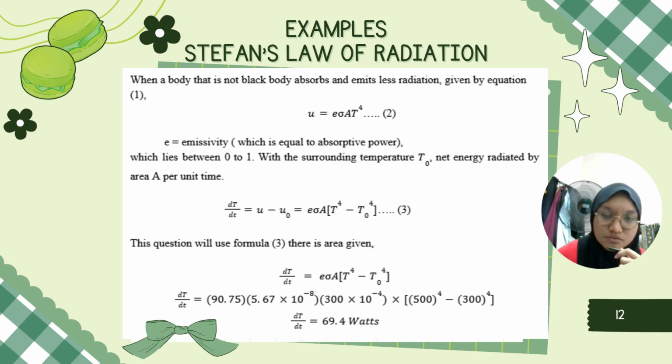After that, we need to again derive the equation to become the third equation. For dT/dt, the net power radiated by area A per unit time, T0 stands for surrounding temperature.